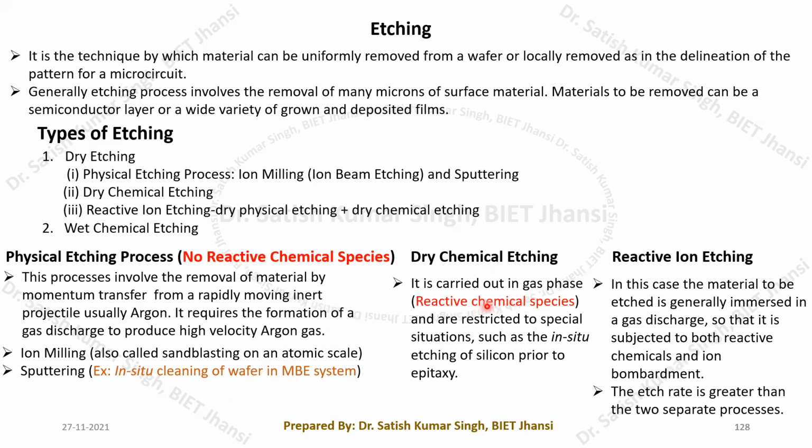So generally in a VPE system, first we send hydrogen gas at very high temperature so that oxygen or any trace impurity oxygen may be removed, and then we pass anhydrous hydrochloric, HCl gas, to remove a certain layer of silicon from the top of our silicon wafer. That we have to perform before growing the epitaxial layer of silicon in the case of vapor phase epitaxy. So that we have already studied.